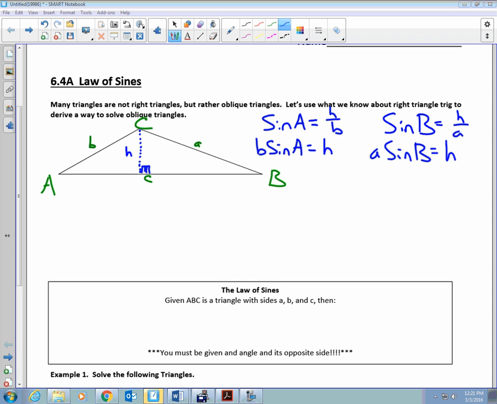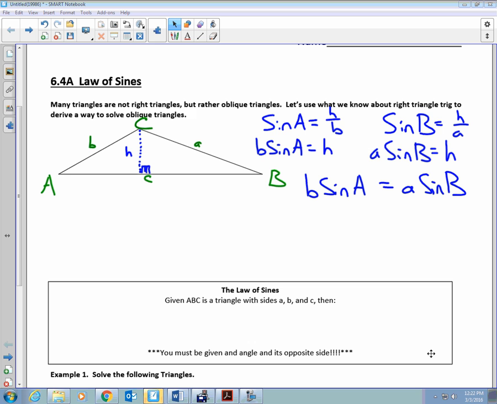Well, if they're both equal to H, then they should be equal to each other. So now we have a formula, so we can get rid of the H. Wouldn't you agree that if you look at a triangle, you might be given, say, side A or side B or angle A or angle B, but you probably wouldn't be given the height?